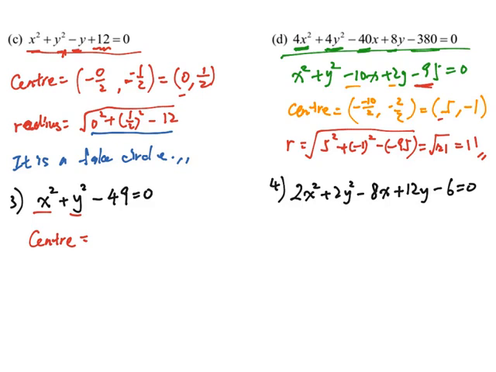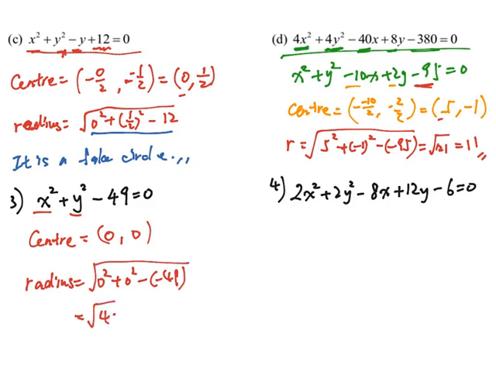You can see there is no x term and no y term, so both are 0. Negative 0 over 2, negative 0 over 2, so (0, 0). That means at the origin. And then for the radius, 0 squared plus 0 squared minus bracket negative 49, square roots. So square root 49, so it is 7.